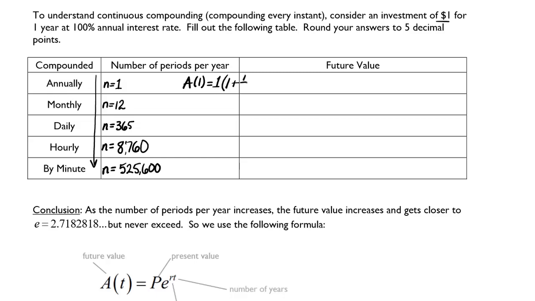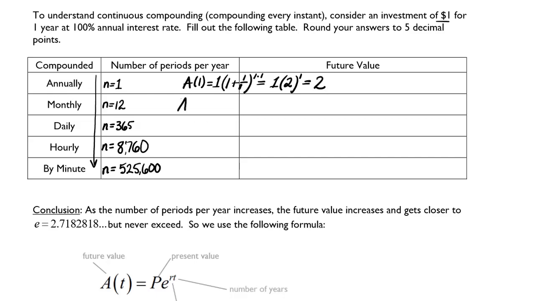So that's 1 over the number of compounds per year. In this case, it was 1. All raised to the n times t, which is 1 times 1. So if I simplify the stuff inside, I'll have 1 times 2 raised to the 1. This is just 1 times 2, so I will get 2.